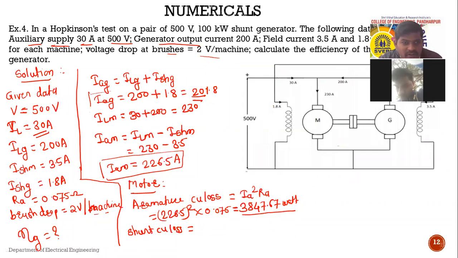मोटरचे शंट फील्ड वाइंडिंग चे कॉपर लॉस. आपण 3.5 एम्पियर हा शंट फील्ड करंट घेतलेला आहे.